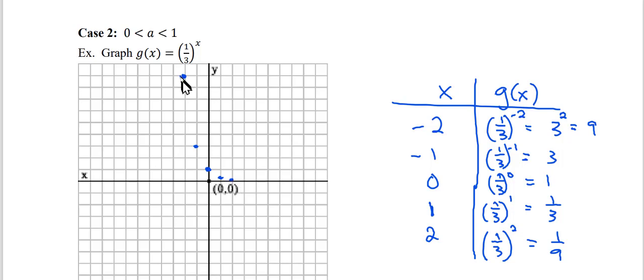We have a similar picture to what we had before, except it goes the other way. The same concept applies here, that this is going to approach the x-axis but not actually reach it. It's a nice smooth curve down here.